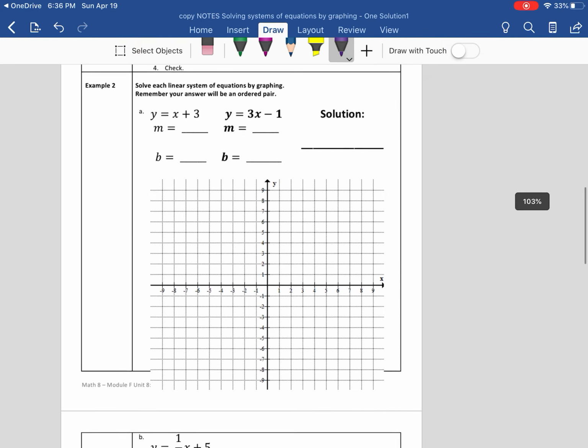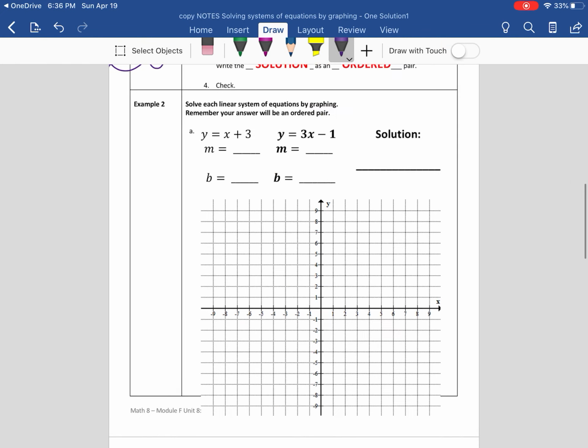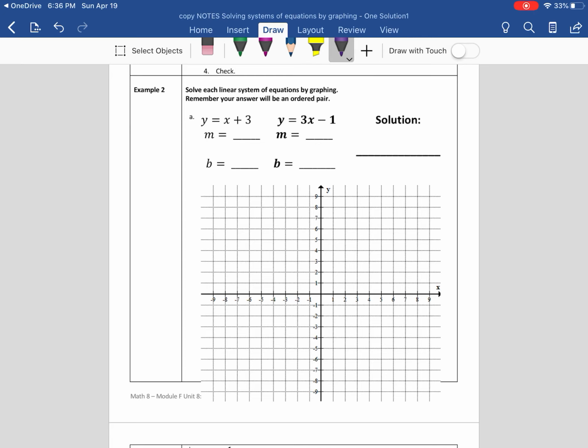So if you look down here, let's see if I can make mine a little bigger to draw on here. I think the worksheets are made nice and big too, so it's easier for you to write on. But example number 2, it says solve each linear system of equations by graphing. Remember, your answers will be in ordered pair. So your solution right here will be an ordered pair.